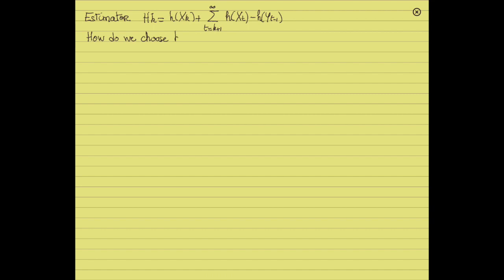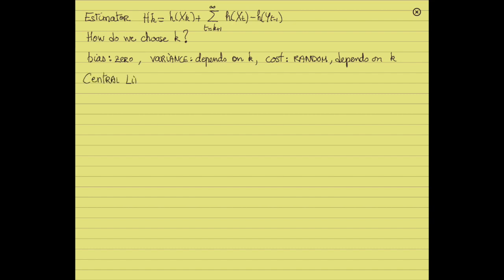So a natural question is, how do we choose the integer k, the tuning parameter k? Well, the bias is 0 for any choice of k. On the other hand, the variance will depend on k. In fact, it will tend to decrease with k. And the cost is random because it depends on the meeting time, but it also depends on k, and it will tend to increase with k.